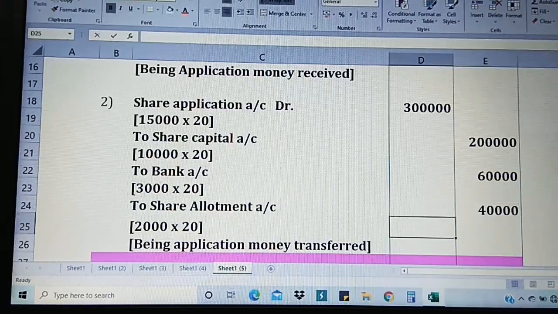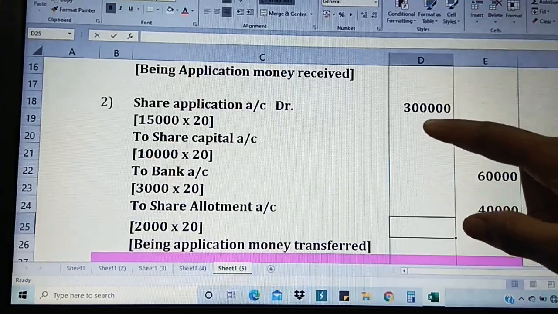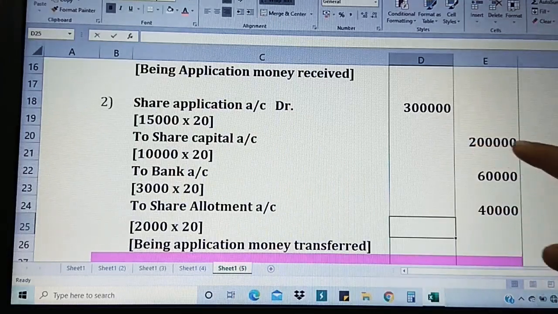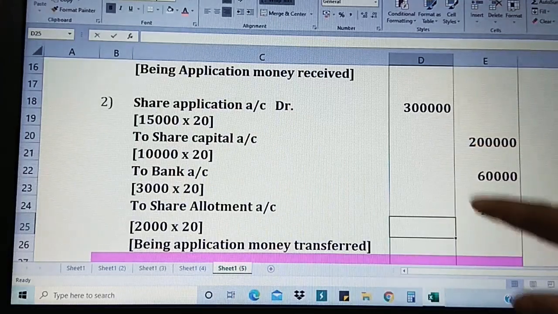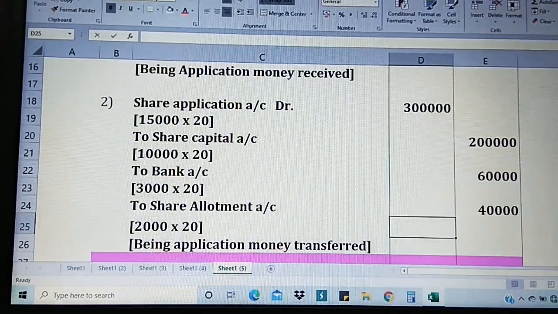Just observe. Now the total of the debit and the credit should be equal. 2 lakh plus 1 lakh is equal to 3 lakh.